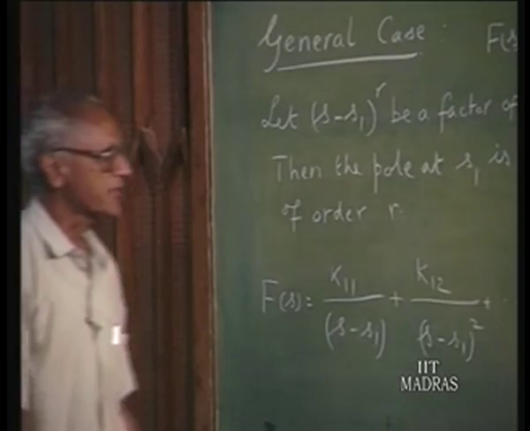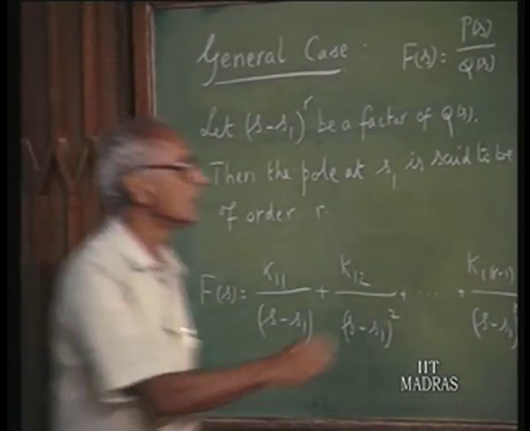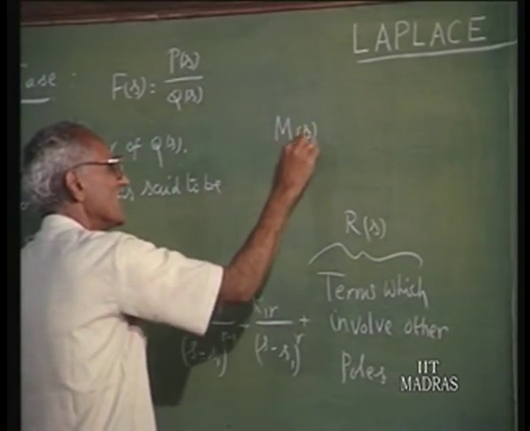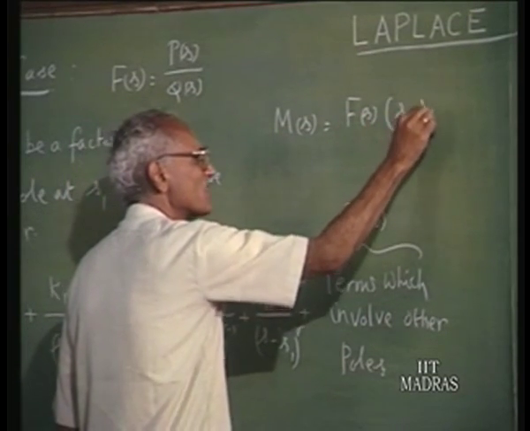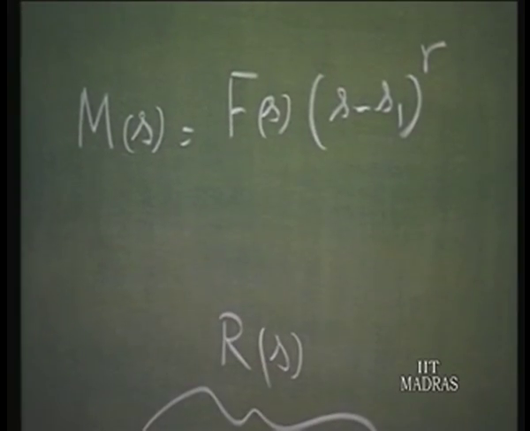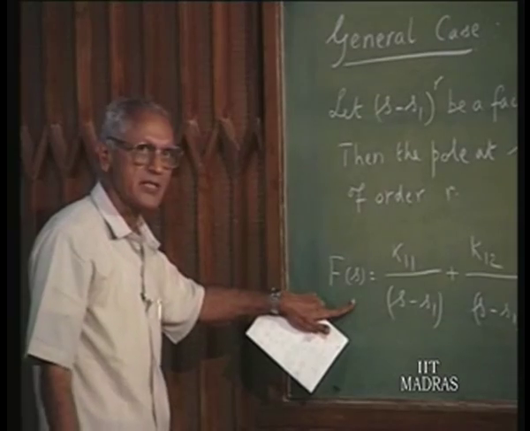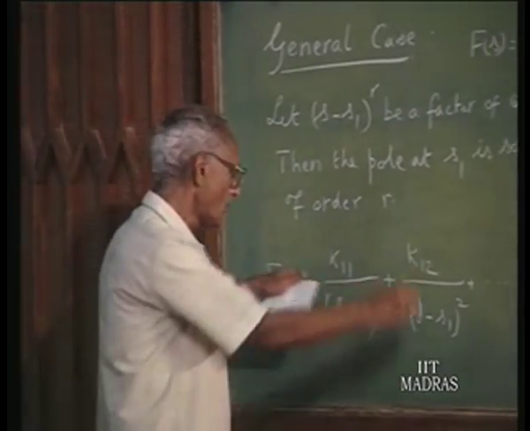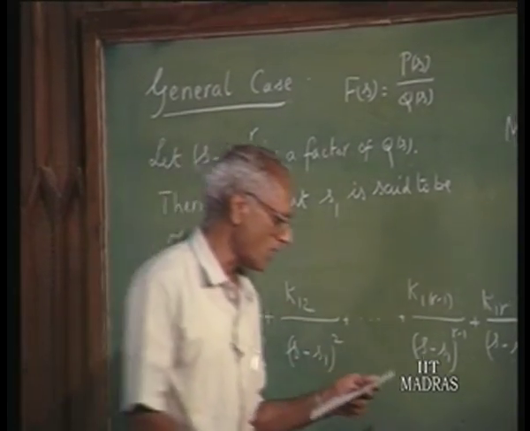Okay. Now, taking the cue from the example which we discussed just now, let me say M(s) is obtained by multiplying F(s) by (s minus s1) raised to the power of r. So, this is the partial fraction expansion of F(s). You multiply this by (s minus s1) raised to the power of r, then this entire group of terms will be multiplied by (s minus s1) raised to the power of r.